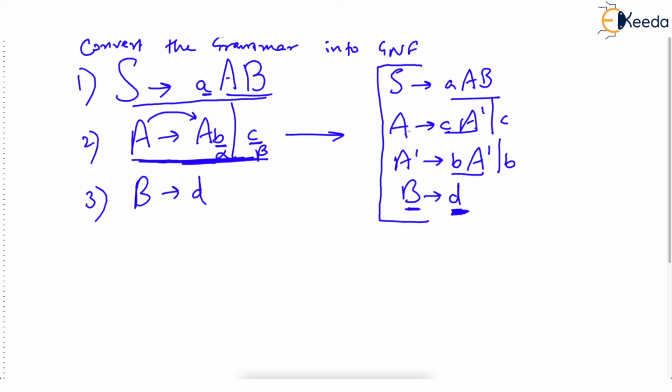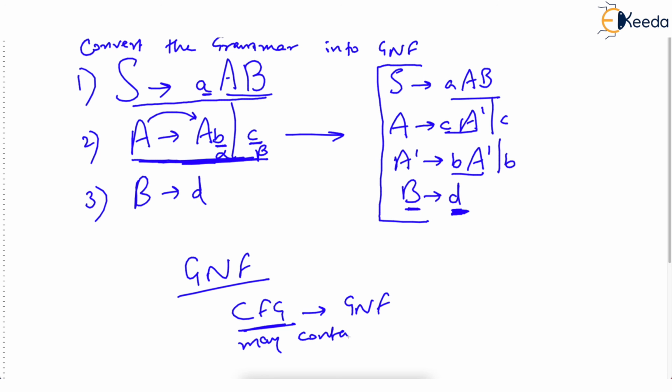So this is the way left recursion can be removed. Actually, the topic was GNF, Greibach Normal Form, but the biggest challenge while converting a CFG to GNF is that the grammar may contain left recursion, and you want to convert that into GNF.